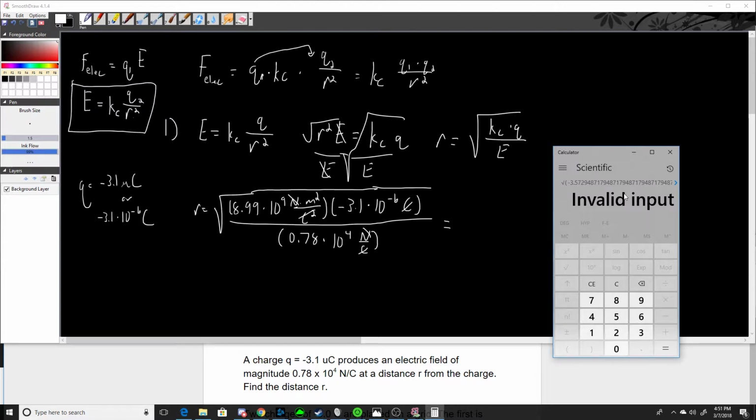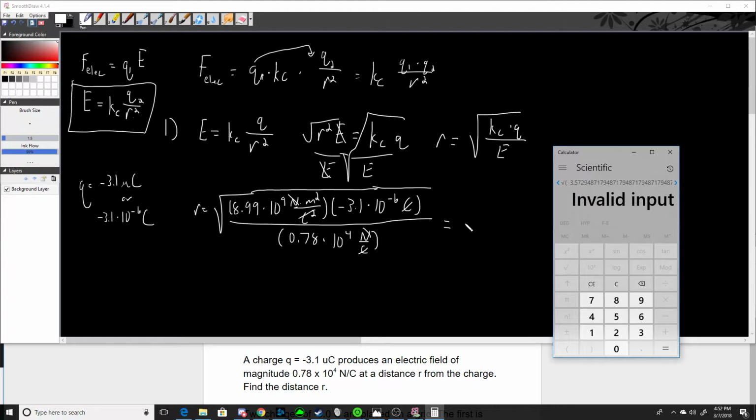Let's see. Why is that? Oh, all right. Can't square root a negative. All right. So really, though, the R then, it should be plus or minus here.